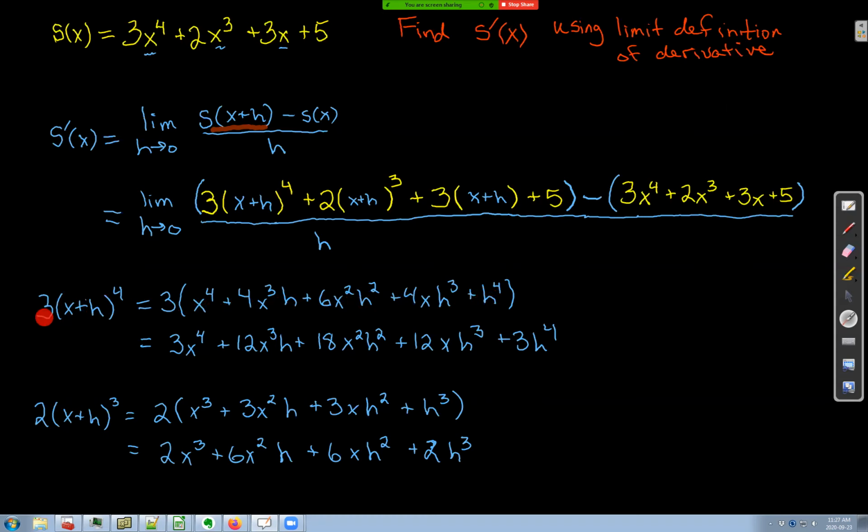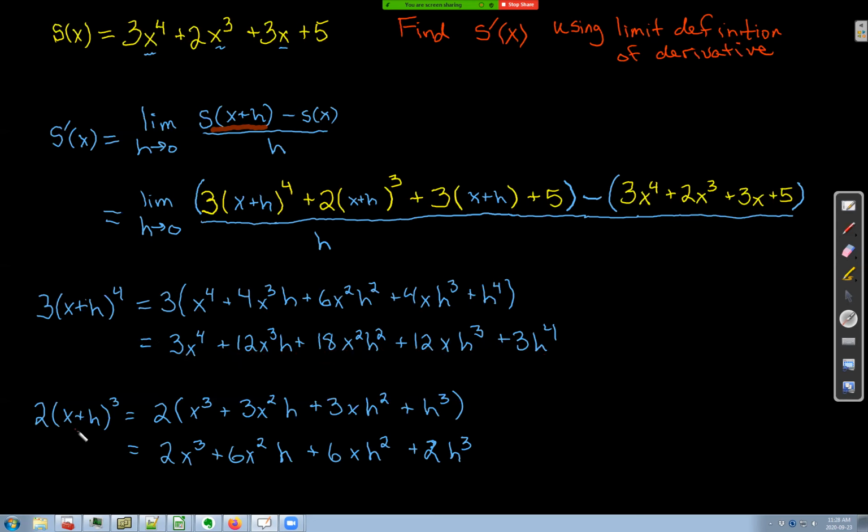So this is going to be equal to 3 times this big thing. And now the next step is to distribute that multiplication. So everything in the parentheses gets multiplied by 3. And so you wind up with this. And you can pause the video and check that out for yourself.